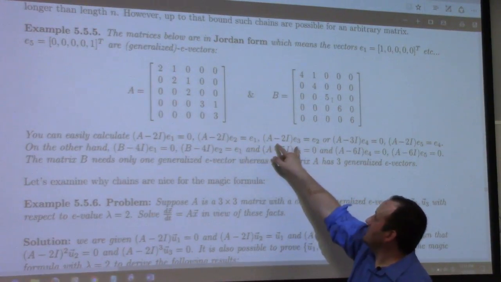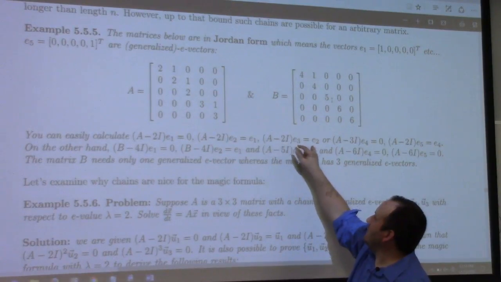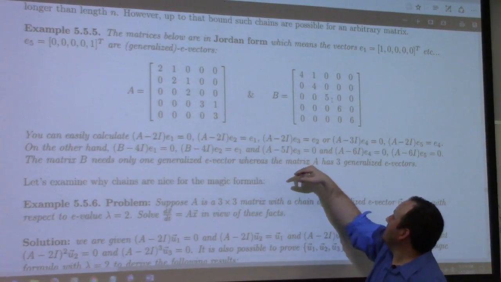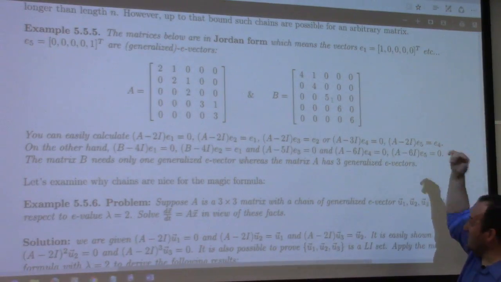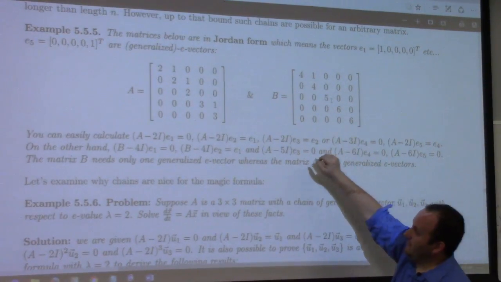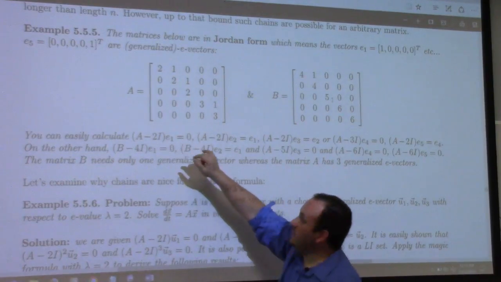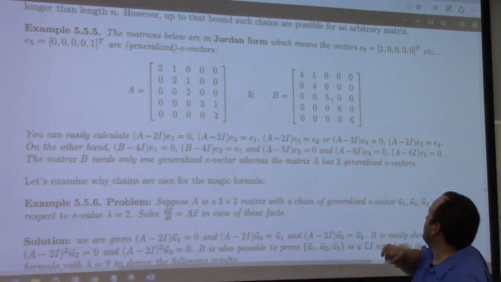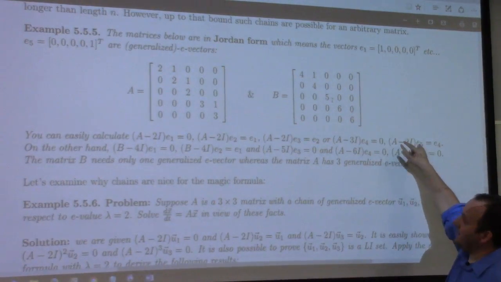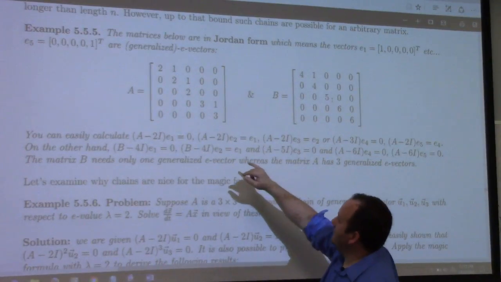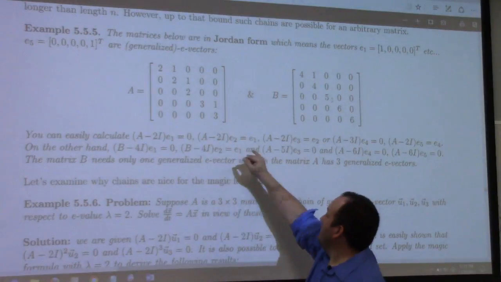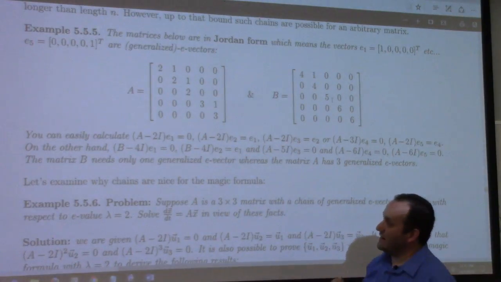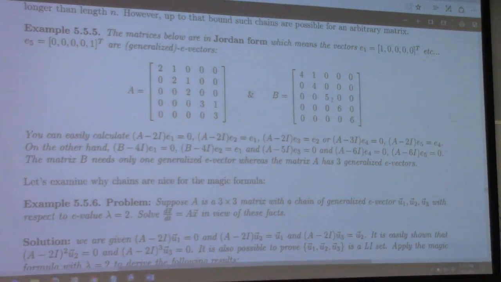And if you calculate A minus 2I times e3, it's e2. So this condition and that condition make e1 and e4 eigenvectors, but e5 and e2 are generalized eigenvectors of order 2, and e3 happens to be a generalized eigenvector of order 3.